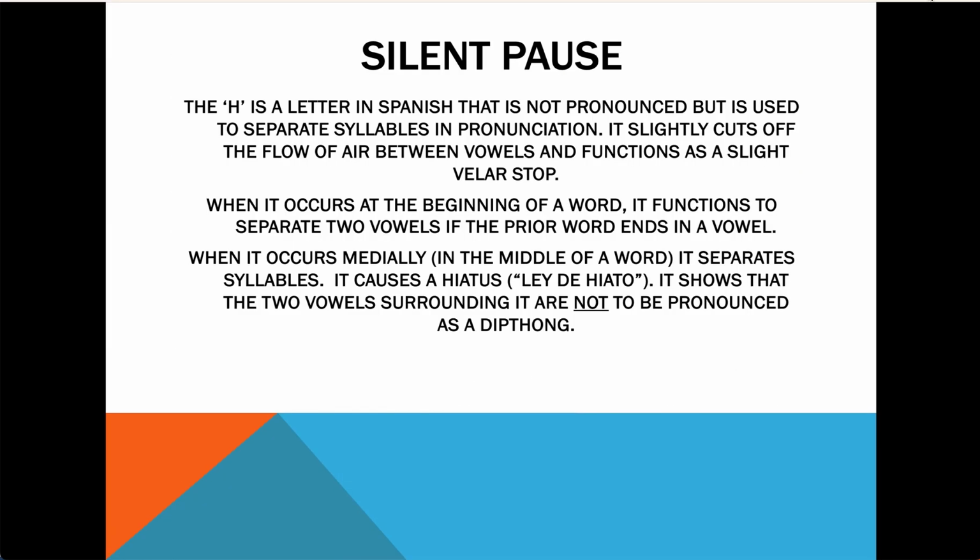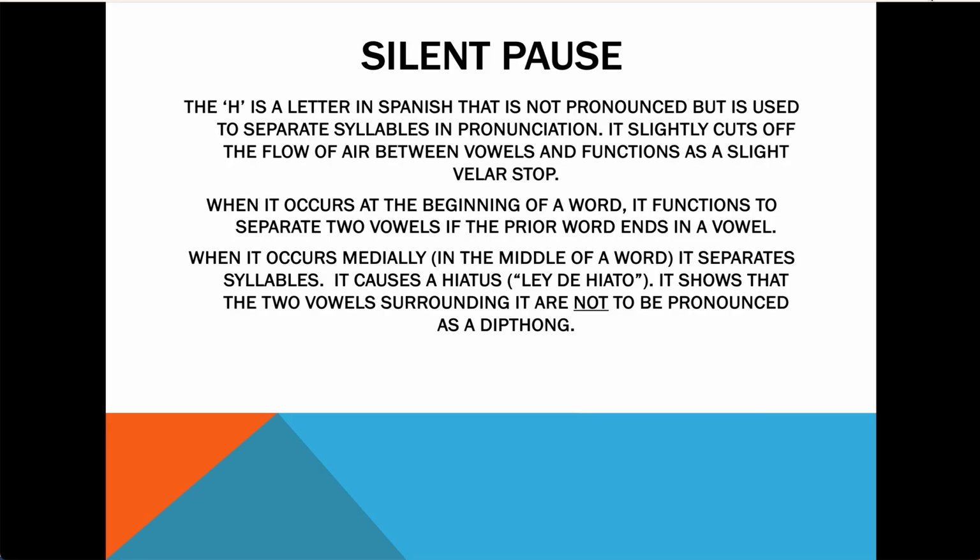The H is a letter in Spanish that is not pronounced, but is used to separate syllables in pronunciation. It slightly cuts off the flow of air between vowels and functions as a slight velar stop. When it occurs at the beginning of a word, it functions to separate two vowels if the prior word ends in a vowel. When it occurs medially, that is in the middle of a word, it separates syllables.